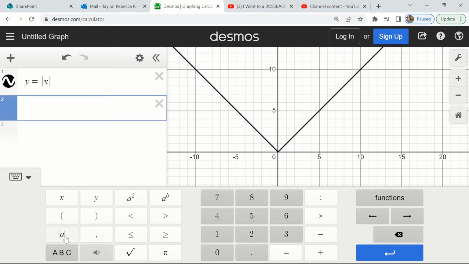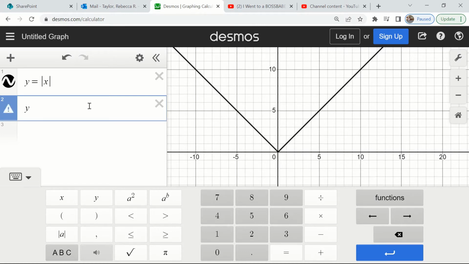So that is our parent graph. I'm going to leave that up there because it helps to be able to see where we started from. Remember, absolute value graphs are V-shaped. They have a vertex at the origin, and the slope is 1 and -1.